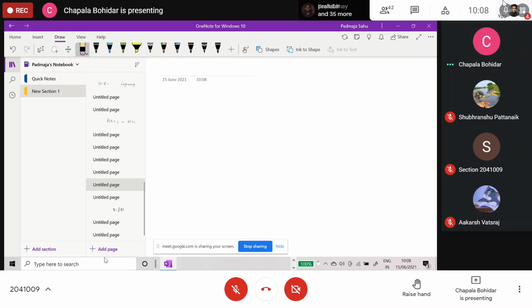Ma'am, the center is -2, 3, 1, and the radius is 2 root 2. Okay. So again, since someone asked me, I am writing the question again here. Your question is x square plus y square plus z square plus 4x minus 6y plus 2z plus 6 is equal to 0.